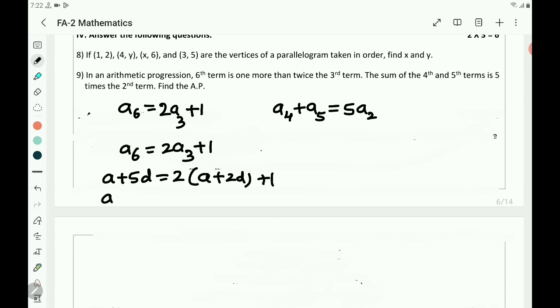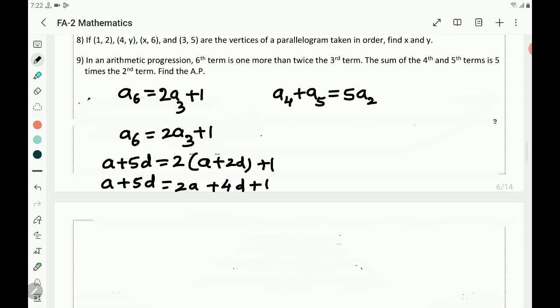And you write A plus 5D equals multiply 2 with A and 2 with 2D. 2 into A is 2A, plus 2 into 2D is 4D, plus 1. Then bring the A terms together and the D terms together.